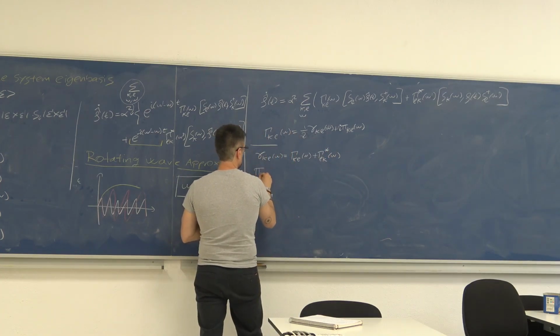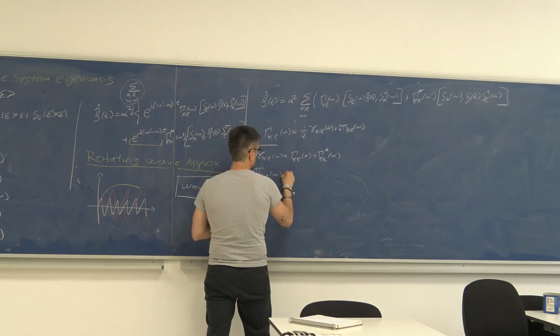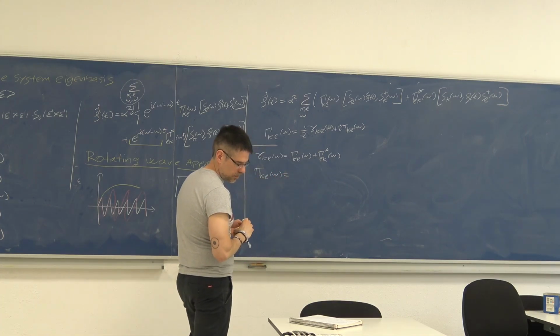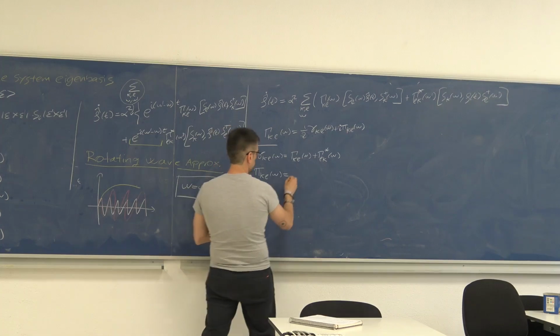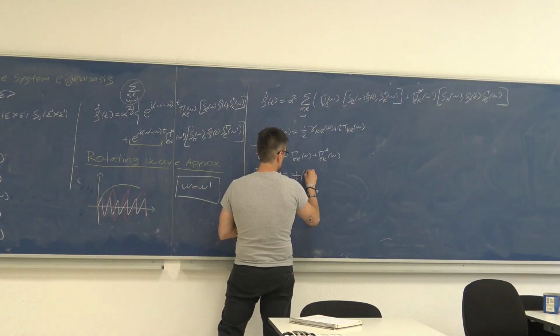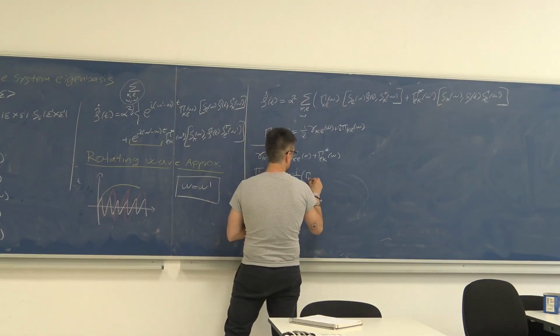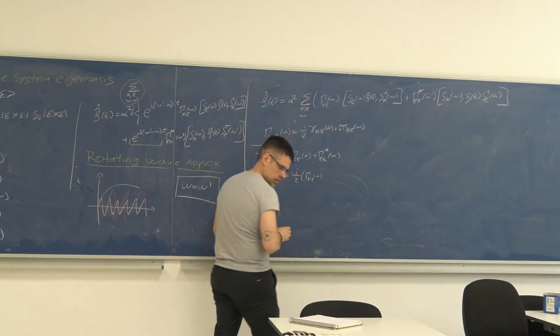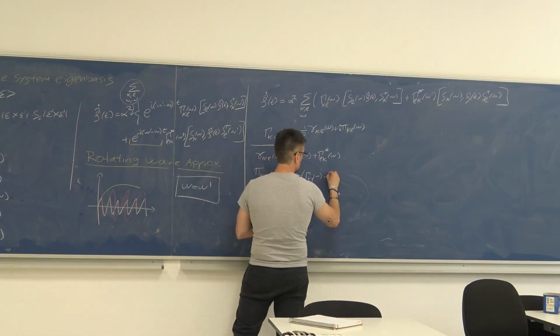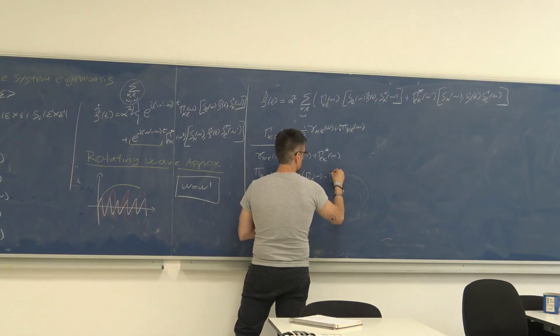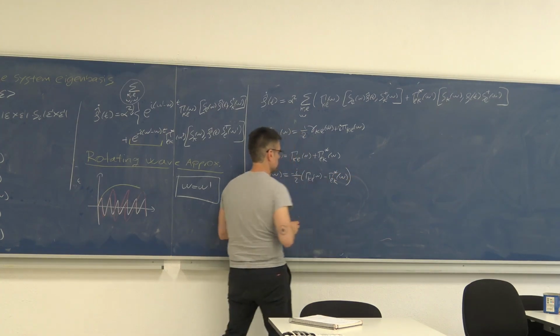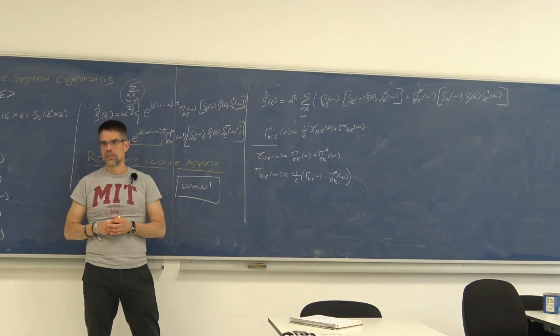Pi KL of omega will be equal to minus i half gamma KL of omega minus gamma LK star of omega, complex conjugate. Okay? This is quite easy.